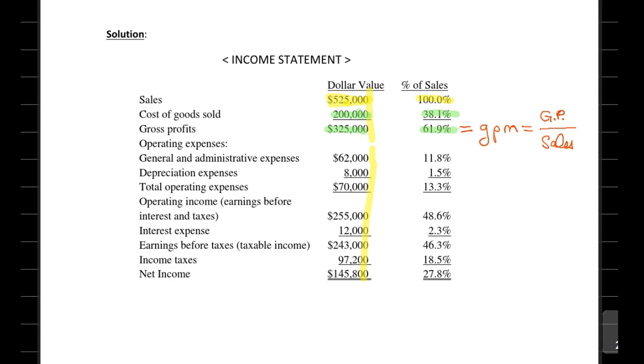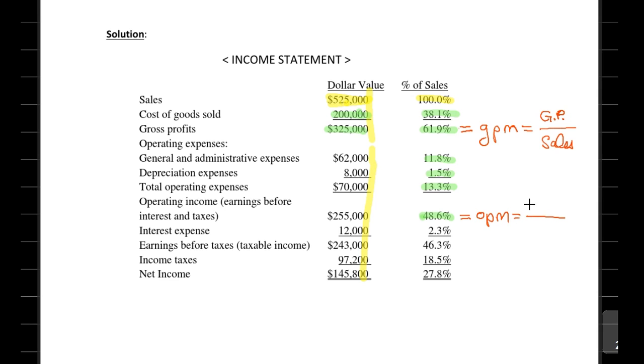So we should continue, and if we keep up with the same order, we should come across the following figures as well. However, the important one for us is this figure, 48.6%, which is basically what we call the operating profit margin.